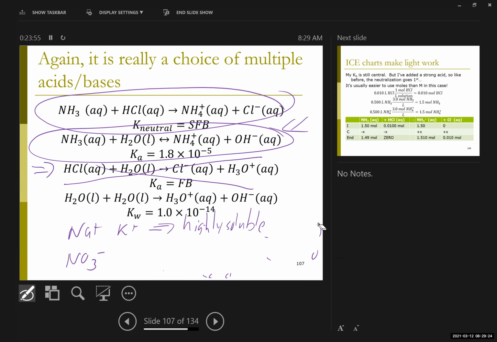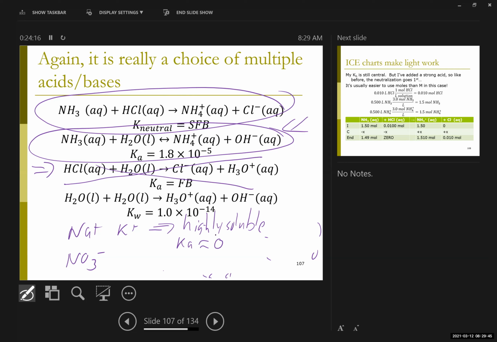But now you can see another major chemical reason why you use sodium or potassium. Those are both technically acids, but they're both the conjugate acid of a strong base. And so their Kas are 0.